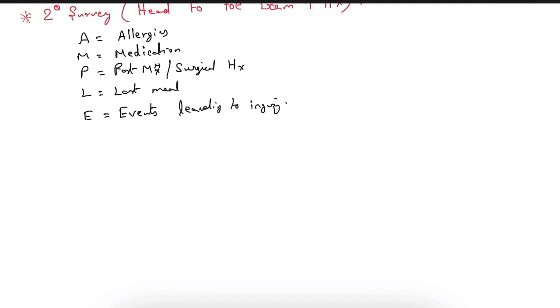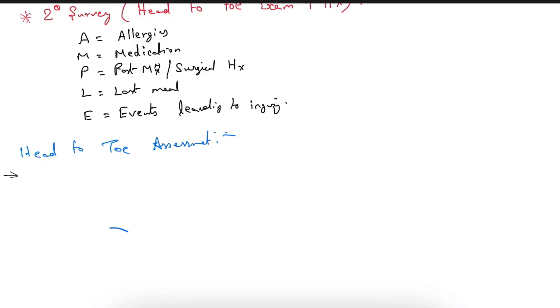Next we have to do the head to toe assessment. In detail, we have to take the head to toe assessment or exam. In the head, we have to check for any scalp lacerations, and we have to check whether there are raccoon eyes or Battle sign, because if a person has trauma with concussions, in that patient we can see raccoon eyes and Battle sign.